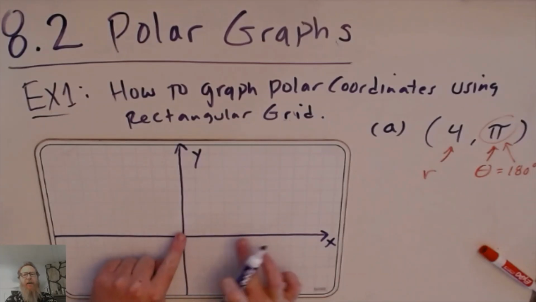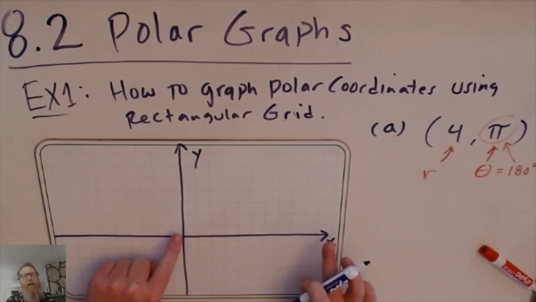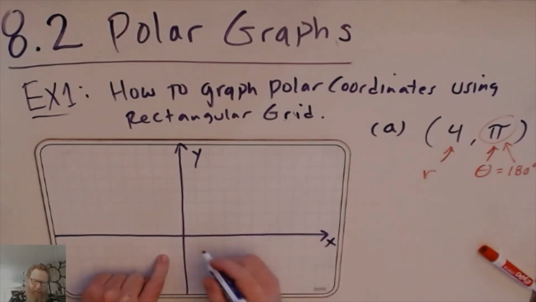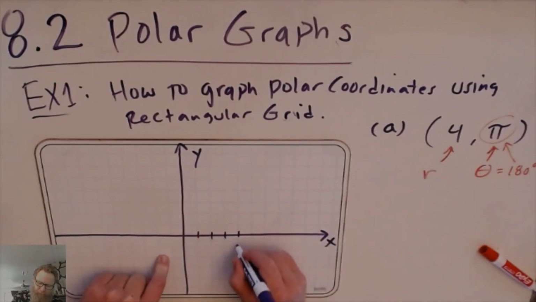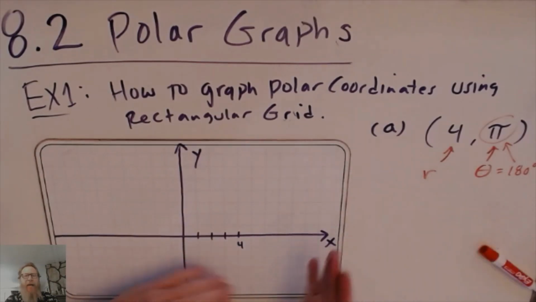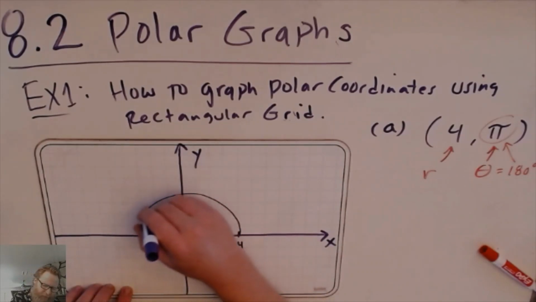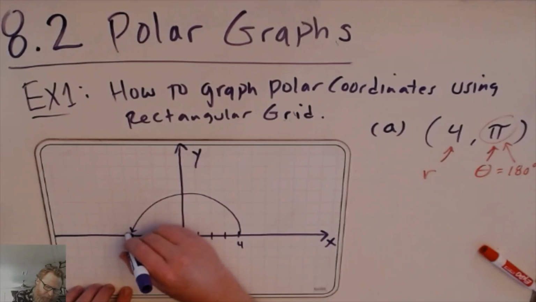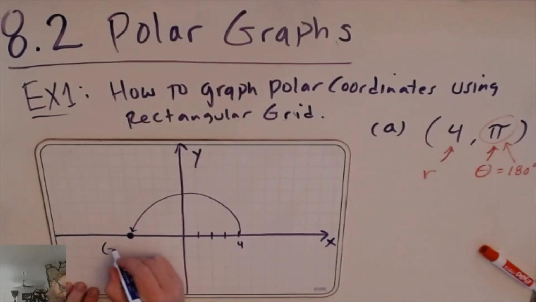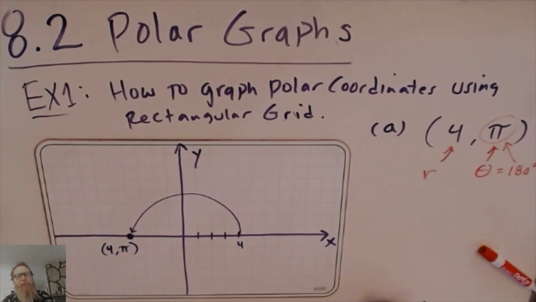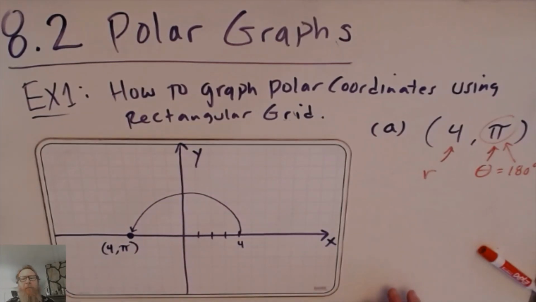So starting here at the polar axis, we go out radius 4. And then we do an angle counterclockwise of 180 degrees. And that puts you right here, 4 and pi. Notice in rectangular coordinates, that point would be -4 and 0. But in polar coordinates, it's 4 and pi.